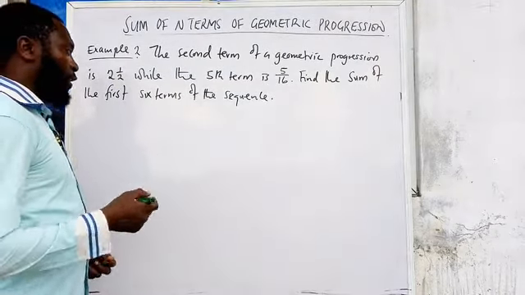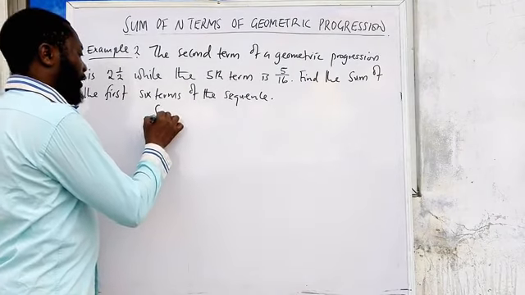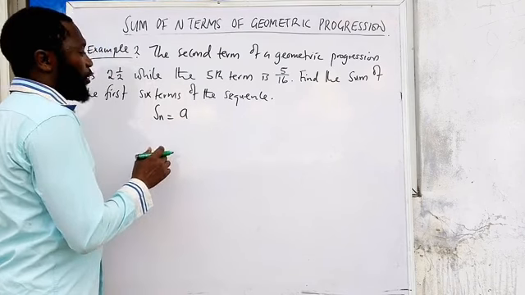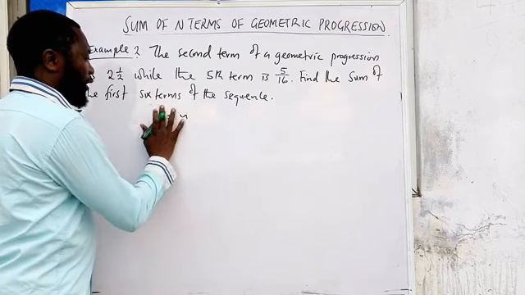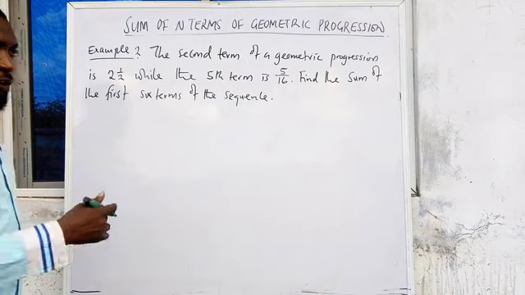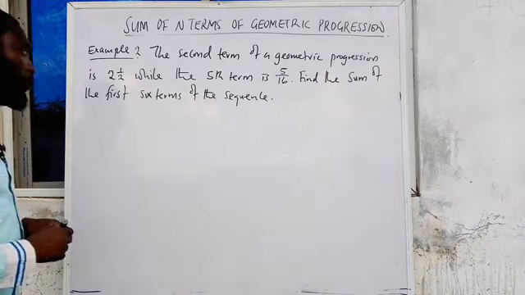So by definition, our Sn is given as a. Before we write the formula for the n terms, we need to know the common ratio. Our common ratio will tell us which formula we are going to make use of.